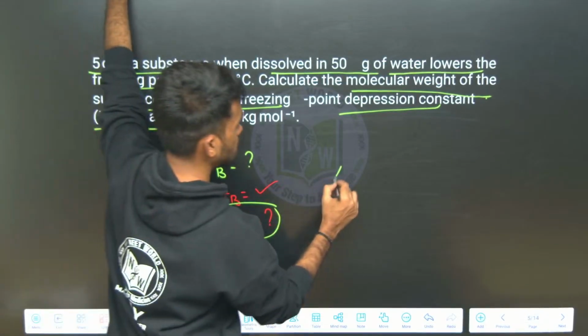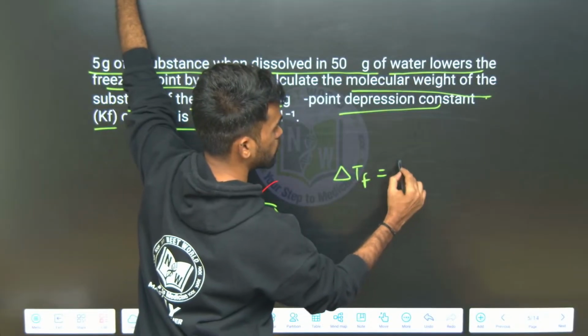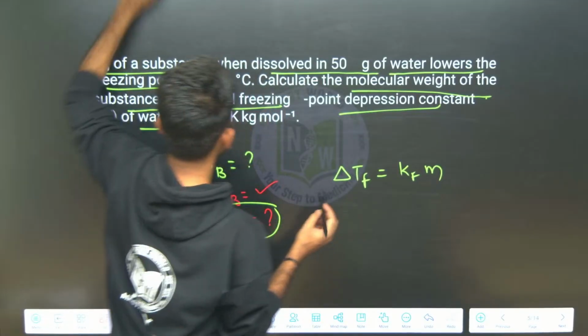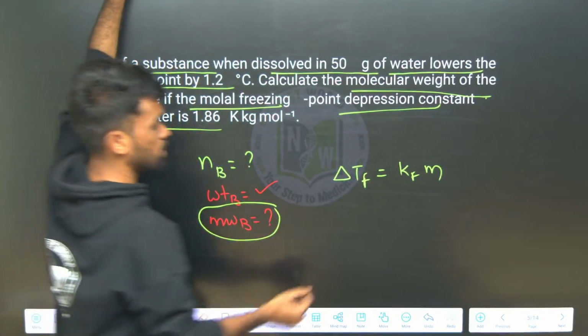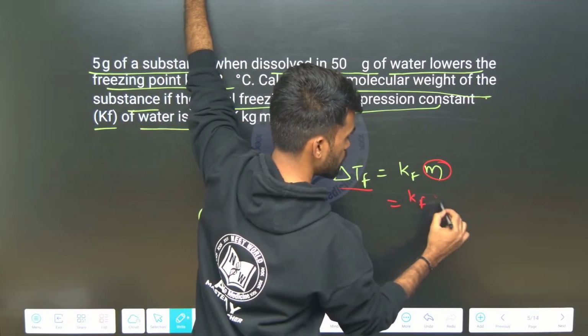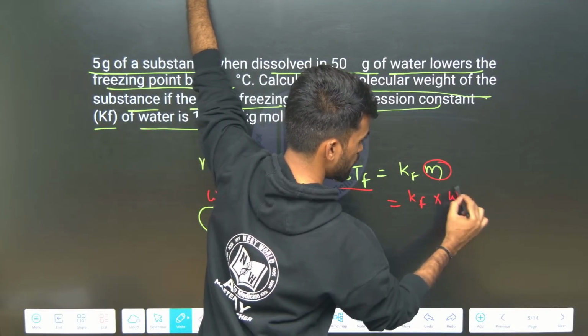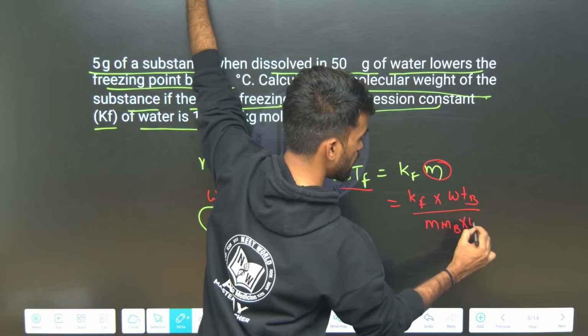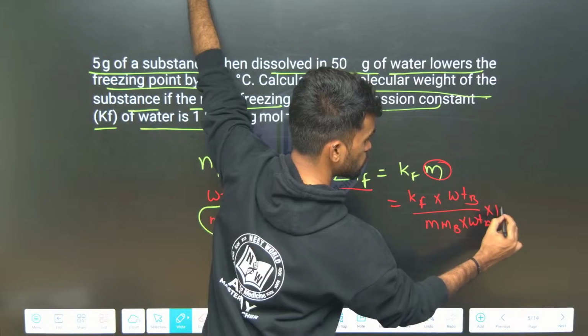See, the delta Tf value is given. Delta Tf equals Kf m. The delta Tf value is 1.2 degrees. For molality, I can write number of moles, which is weight of solute by molar mass of solute, into weight of solvent into 1000. I wrote this equation on the last page.